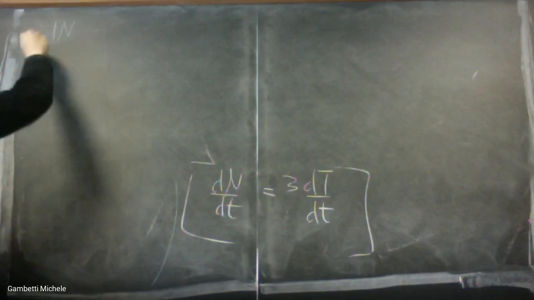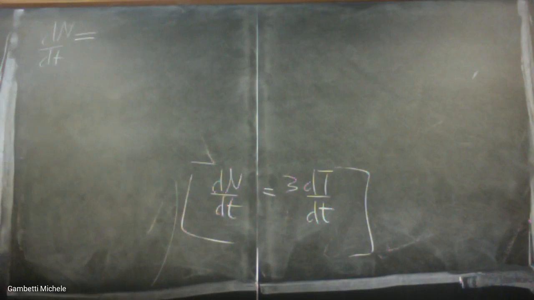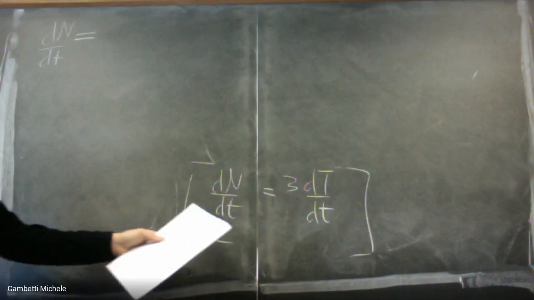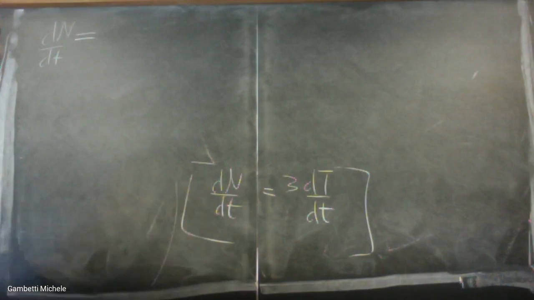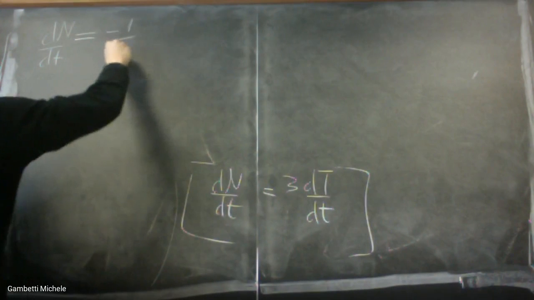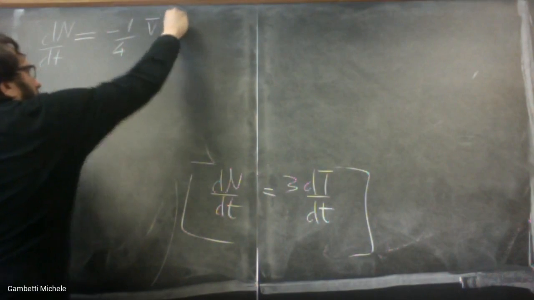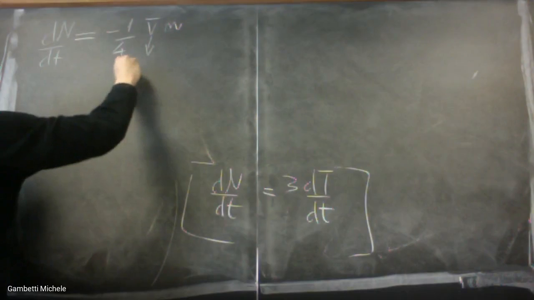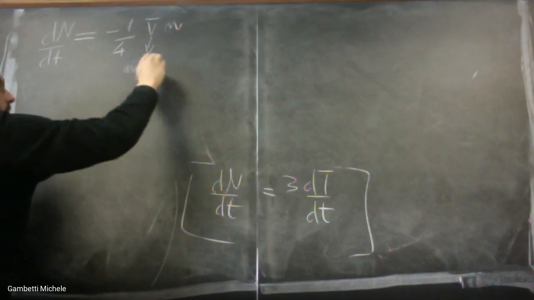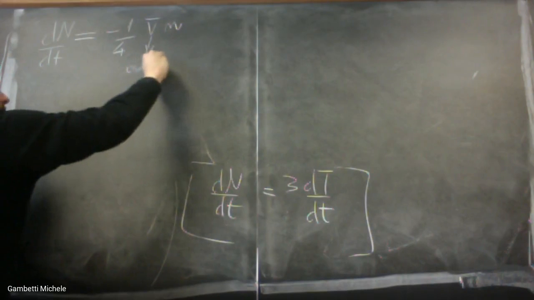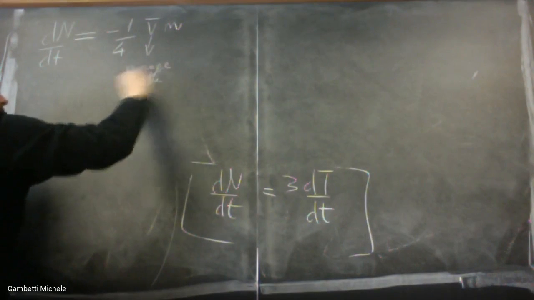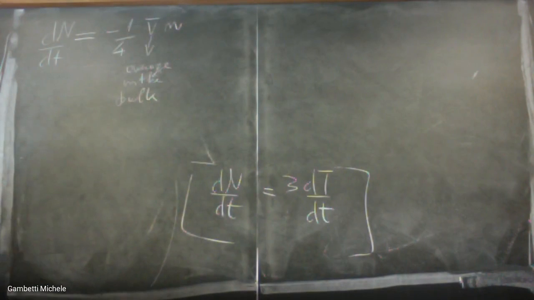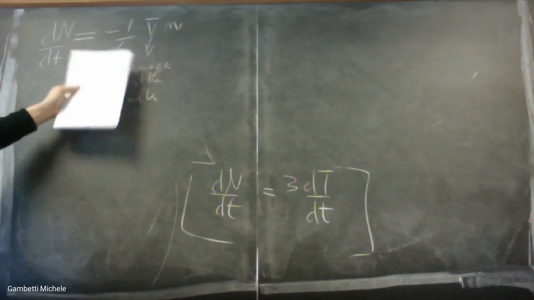So I can write dn divided by dt as, since this variation is of course negative, 1 divided by 4 average velocity n, where this is the average velocity in the bulk. So this was the equation that we derived last time. And yeah, so this is a flux, of course.